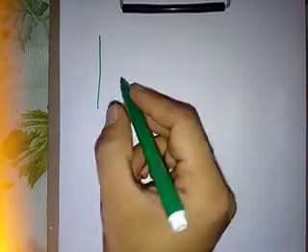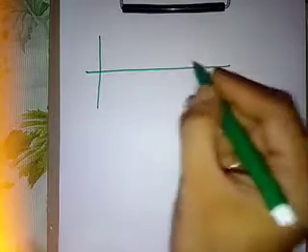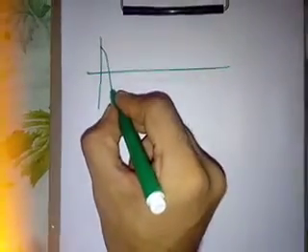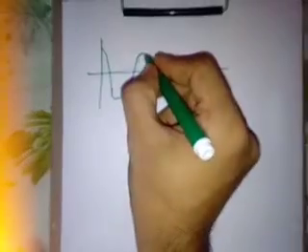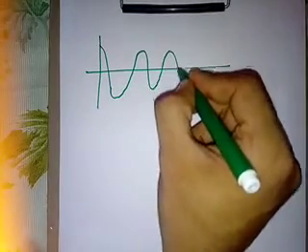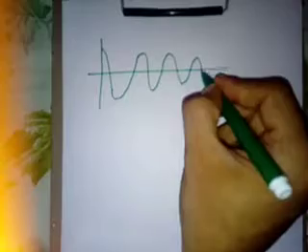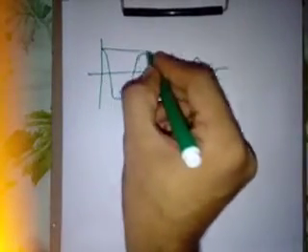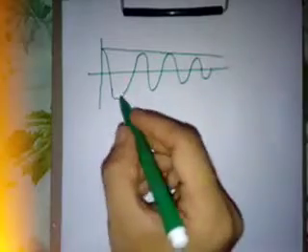so if we consider the wave here, this is our reference. So as there is a high attenuation, the amplitude goes on diminishing, like this.